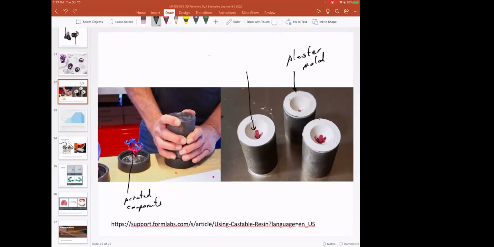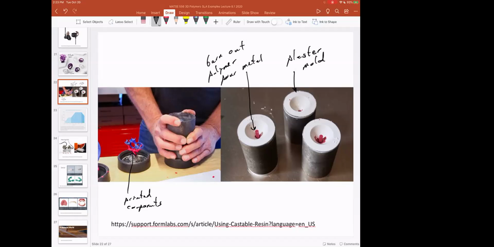So you burn out polymer, and you pour metal into the cavity to cast whatever component you're interested in.